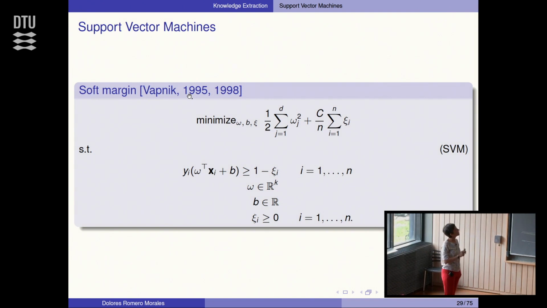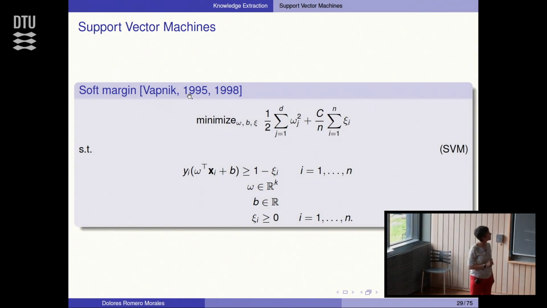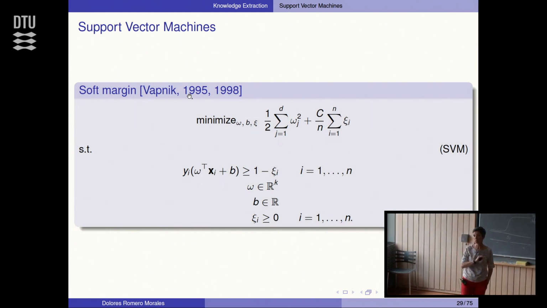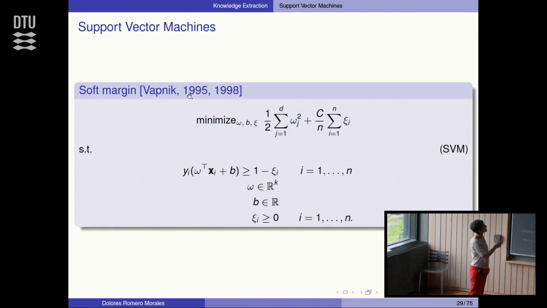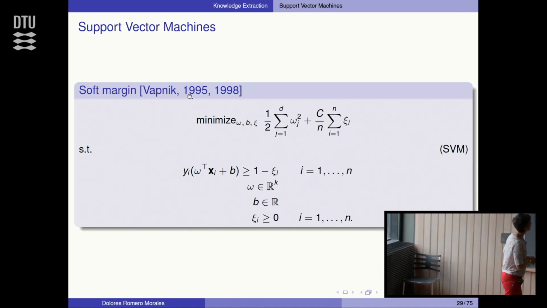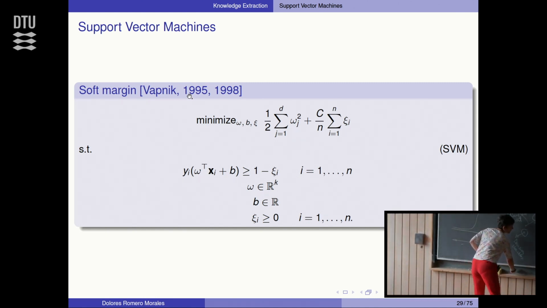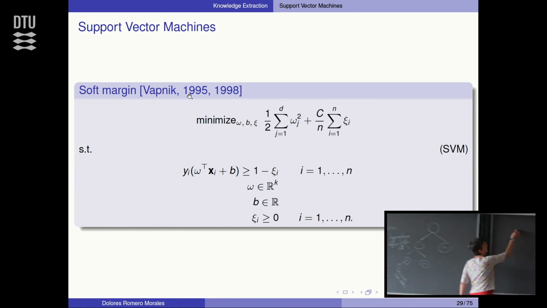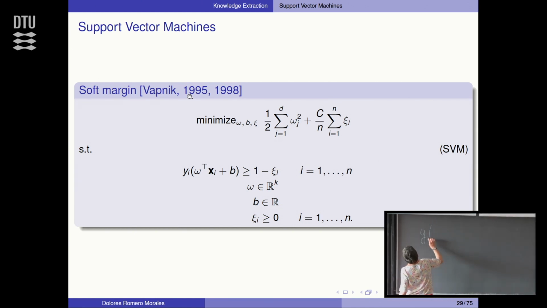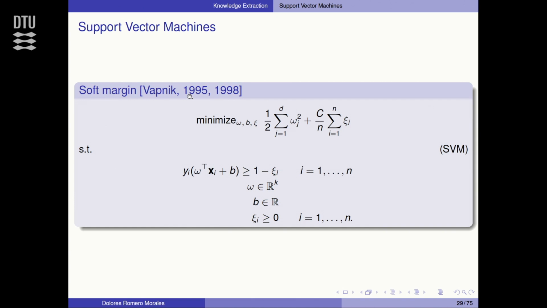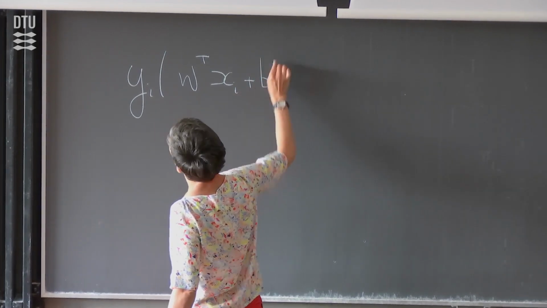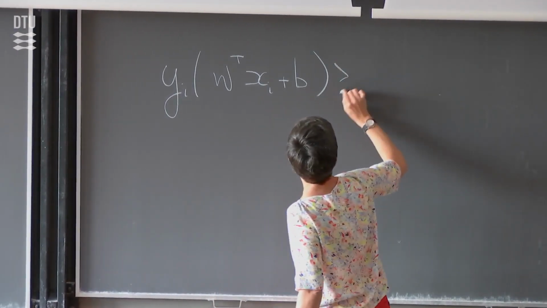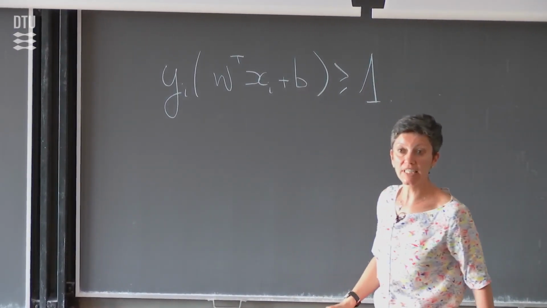Now, this is the classic formulation of support vector machine, in which what you try to do is separate the two classes. If you were going to do just this, then you would have perfect classification.